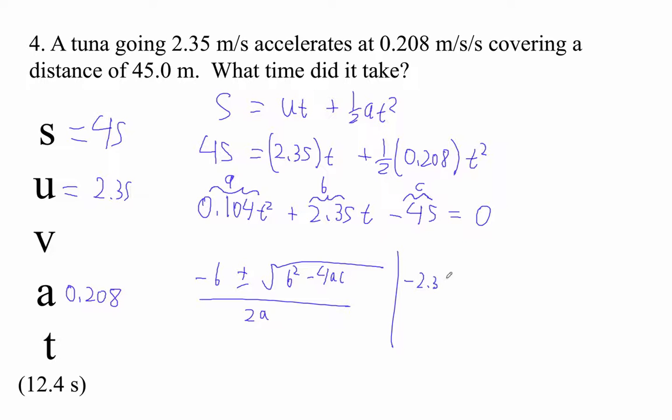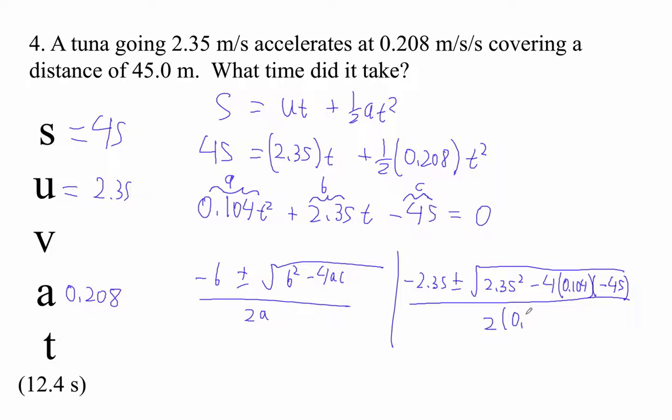Minus 2.35 plus or minus the square root of 2.35 squared minus 4. A is 0.104. C is minus 45, right? And then that's all divided by 2a, which is 2 times 0.104. Let's see, we'll find out, right? Okay, so now I'm going on my calculator.